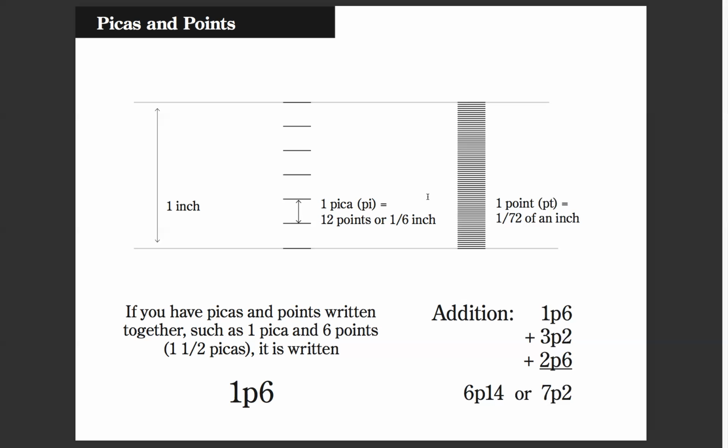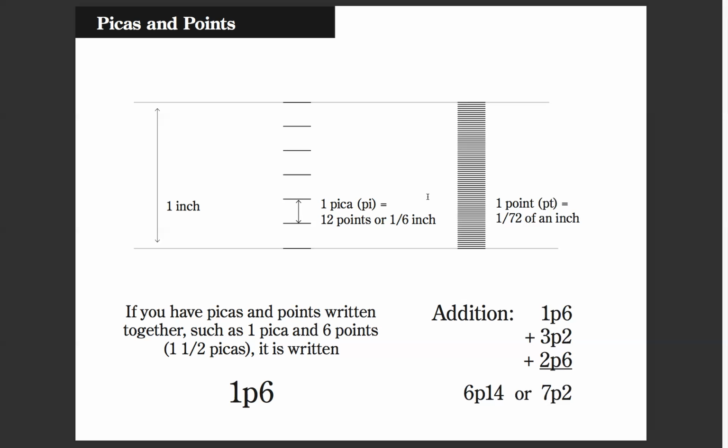So sometimes, if you're adding 1 pica and 3 picas, that would be 4 picas. If you're adding 1 point and 12 points, that would be 13 points. But sometimes we mix these numbers. It's usually written out as 1 pica, 6 points, like this.